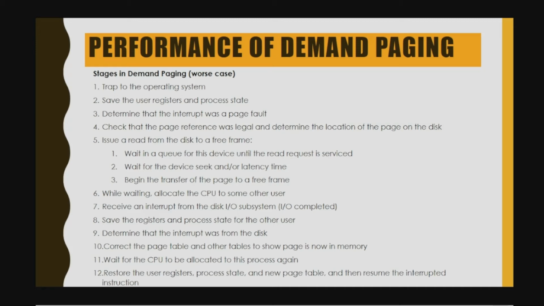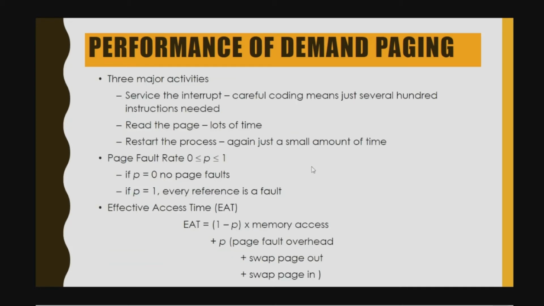So these are the stages in demand paging with the worst case scenario. There are 3 major activities: service the interrupt, read the page, and restart the process. Service the interrupt, with careful coding, needs just several hundred instructions, while reading the page takes a lot of time.